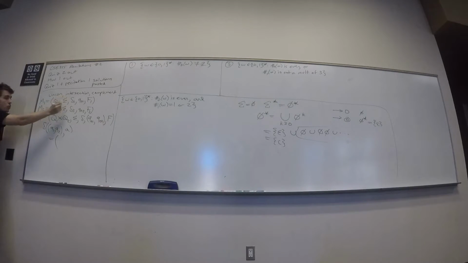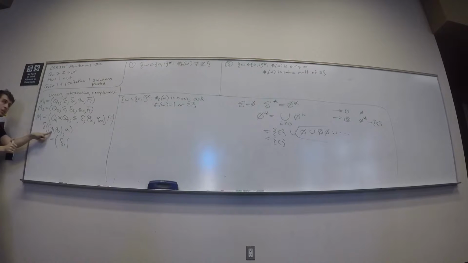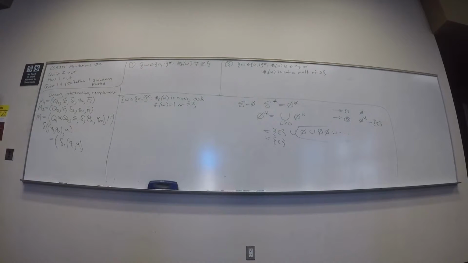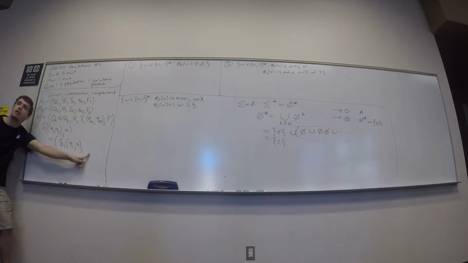Well, I look up in the transition function, delta 1, with the current state that I'm in, which happens to be Q1 right now, reading an A. All right? So as I'm reading the string, I'm just going to keep looking up in the original transition functions what to do for each of the two parts. So what do you think is going to go in the second one?